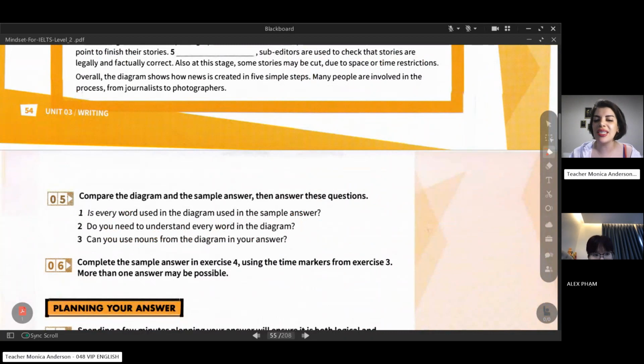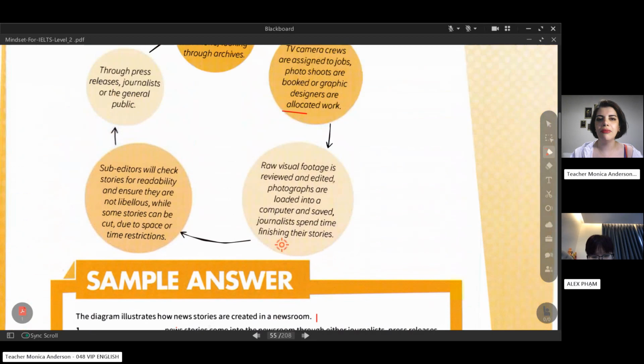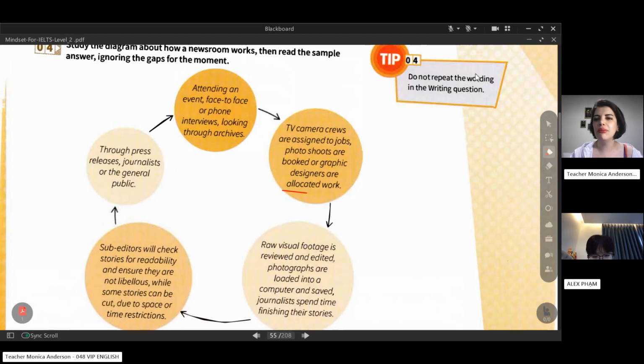Do you need to understand every word in the diagram? Of course not. Let me say something. For example, a diagram about generating electricity, or the process of making bricks, manufacturing bricks.